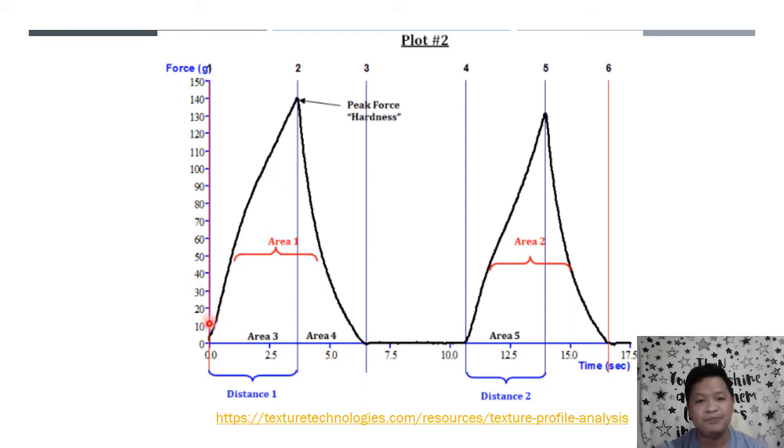Ito ay isang tinatawag na 2-byte compression. So if this is the time, yung dalawang pagnguya mo, okay, yun. 1, 2. And based on those 2 bytes, they calculate the various texture profile parameters such as springiness, hardness, and so on.